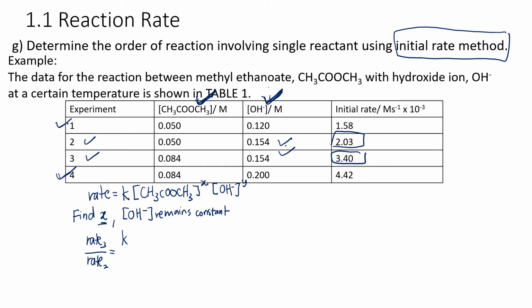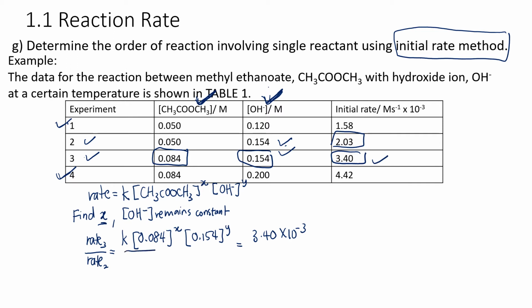For experiment 3, the rate constant is k, the concentration of CH3COOCH3 is 0.084 raised to the power of x, and the concentration of hydroxide ion is 0.154 raised to the power of y. This is equal to the initial rate of 3.4 times 10 to the power of -3.